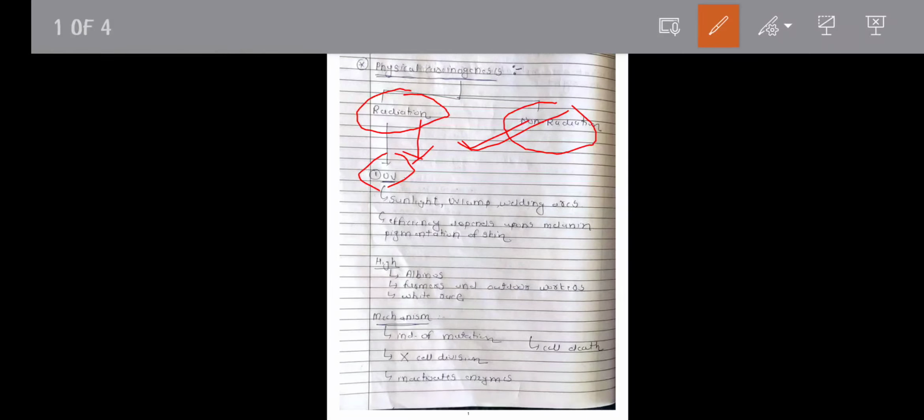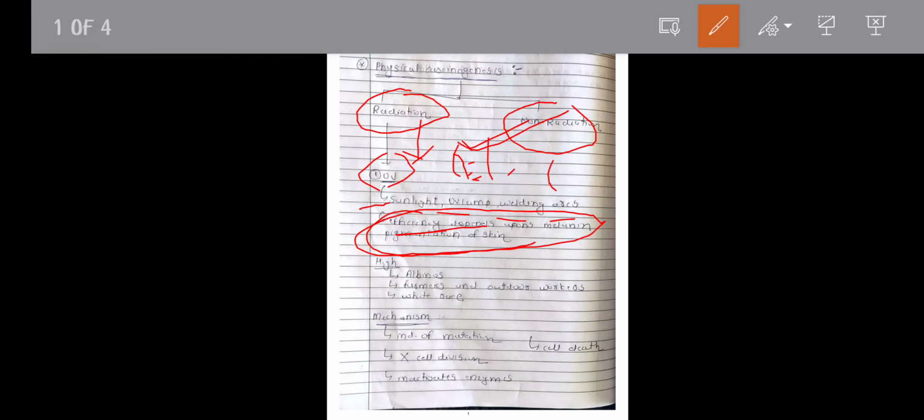Source of ultraviolet light is sunlight from the sun, then UV lamp, welding arc. Then efficiency of the UV light depends upon the melanin pigmentation of the skin.